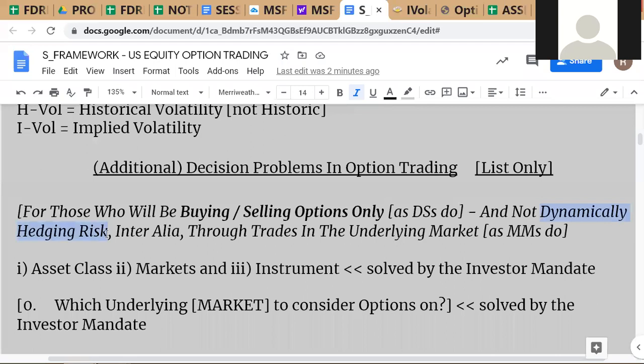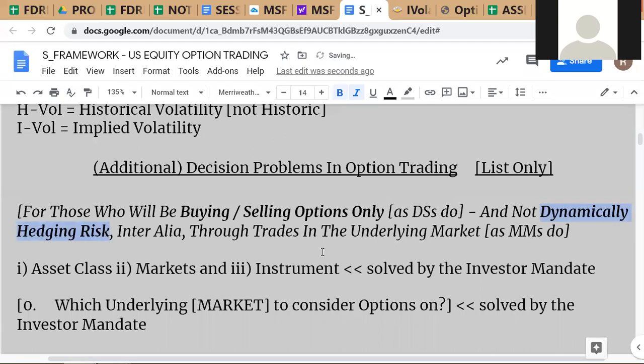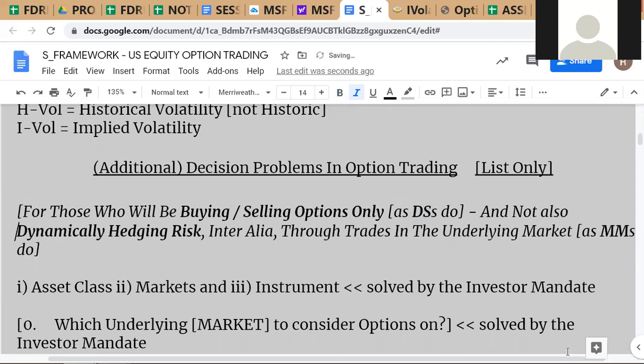I'll just highlight this, otherwise everything gets highlighted. There is another approach to trading options, which is what option market makers do. They may sometimes trade by buying and selling options as well, therefore I should write this as also. But what they're doing is dynamically hedging their risk through trades in the underlying market.